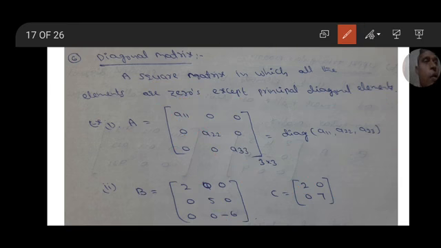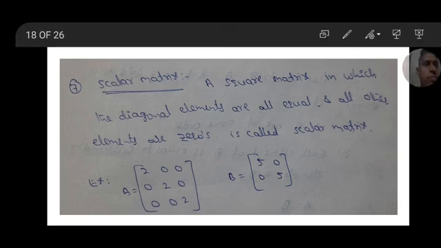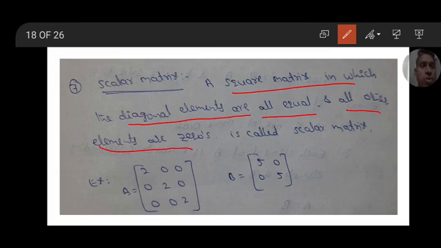Okay, next. Scalar matrix. A square matrix in which diagonal elements are all equal and all other elements are zeros is a scalar matrix.